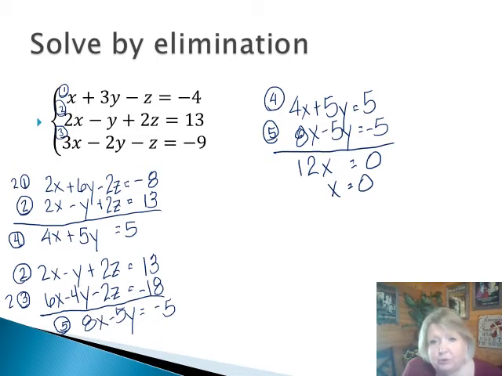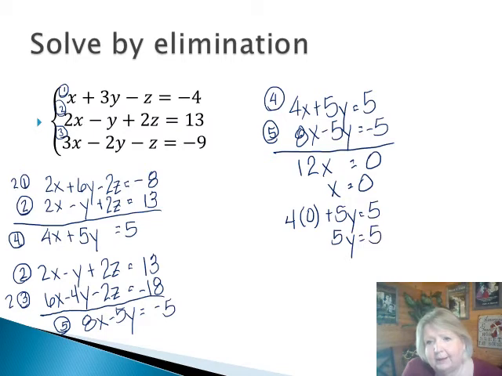I'm going to choose 4 because it's got smaller coefficients, even though multiplying by 0, it really wouldn't matter. And that leaves me with 5y equals 5, or y is 1. So I think my answer is going to be 0, 1, but I still have to find my z.